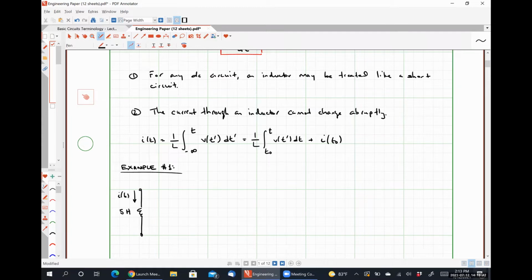We are trying to determine the current flowing through it, and we're going to be given a voltage waveform across it. So this is going to be V of t measured in volts on this axis, and this is going to be time on this axis.